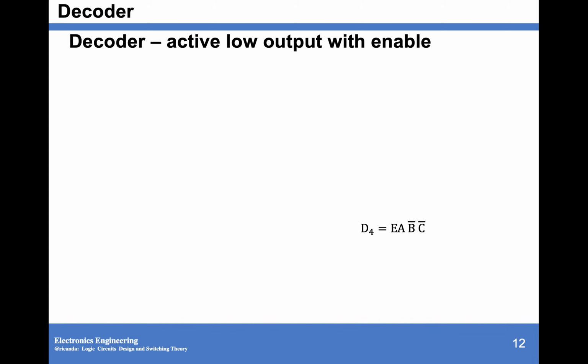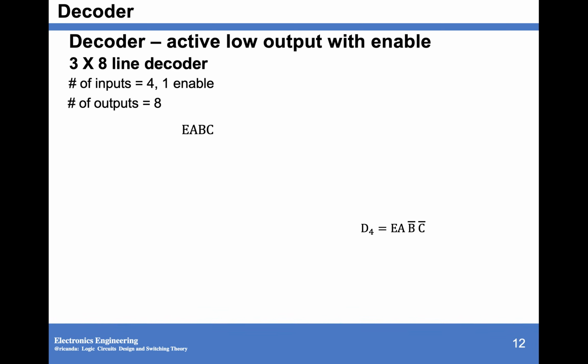Then for decoder with a low output with enable. So 3 by 8. So the number of inputs is 4, one of which is the enable. Output is 8. So we have E, A, B, C. Then our output is D0 to D7.